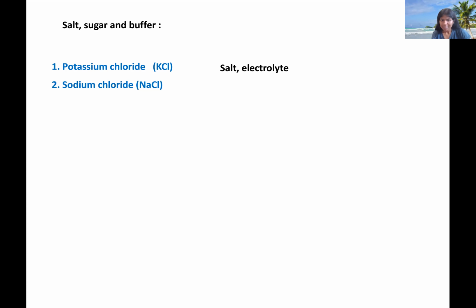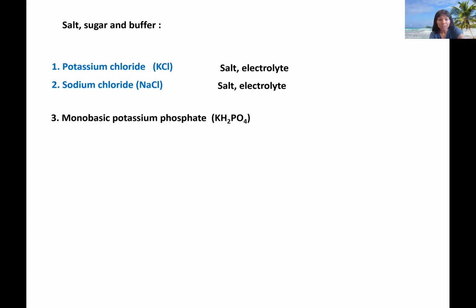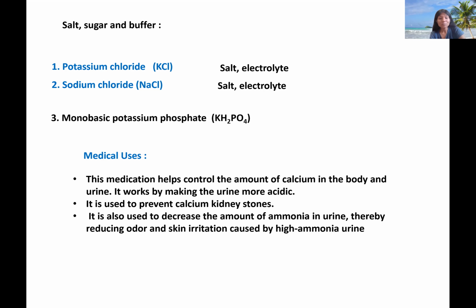Okay, now I'll talk about some salt, sugar, and water components that are used in the Pfizer vaccine. First is potassium chloride. This is a salt electrolyte. Next is sodium chloride, the table salt which we eat every day. And then monobasic potassium phosphate. So what are the medical uses of that?